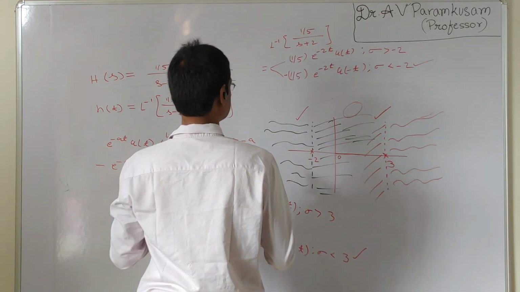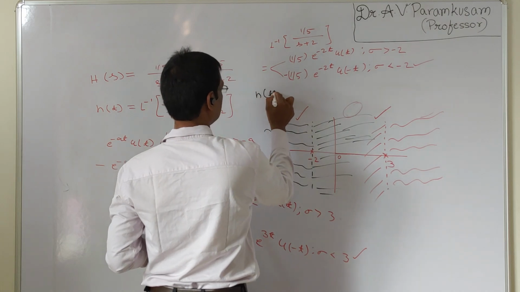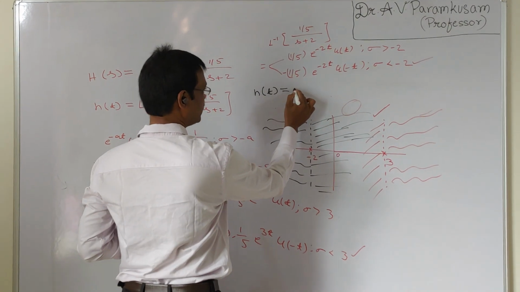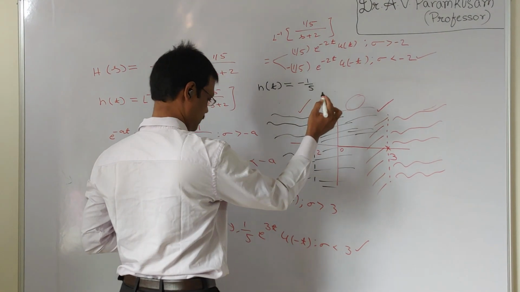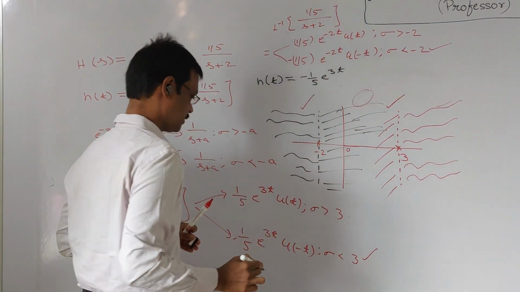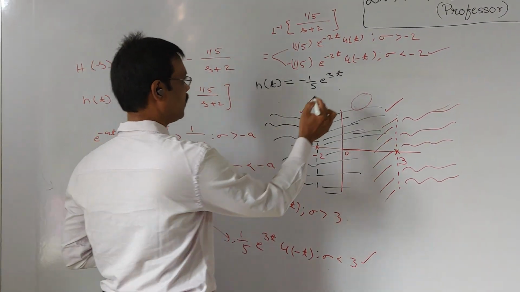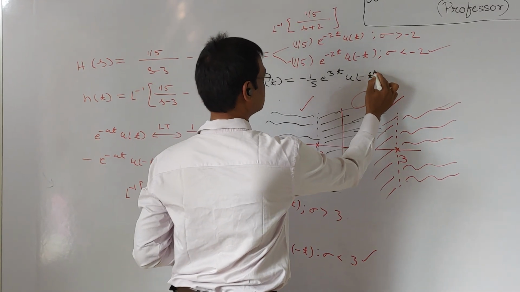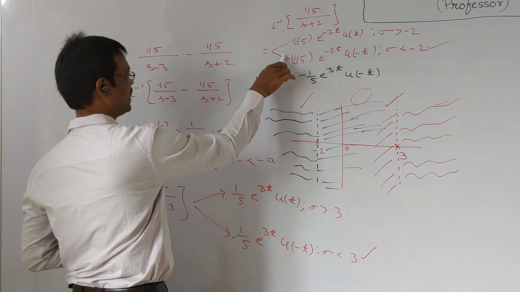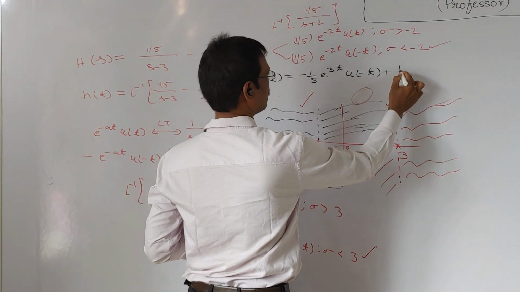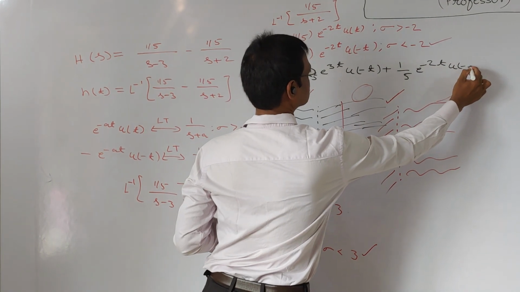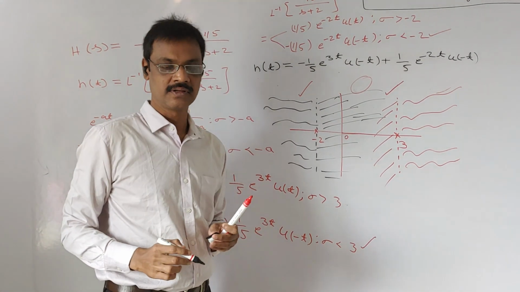So the final answer is h of t is equal to minus 1 by 5 e to the power of 3t u of minus t, and minus into minus, plus 1 by 5 e to the power of minus 2t u of minus t. So this is the answer.